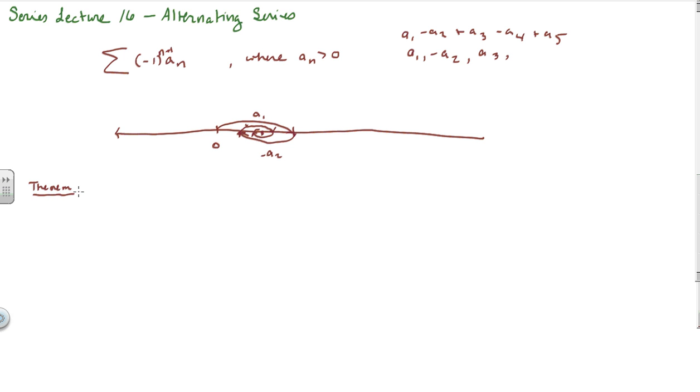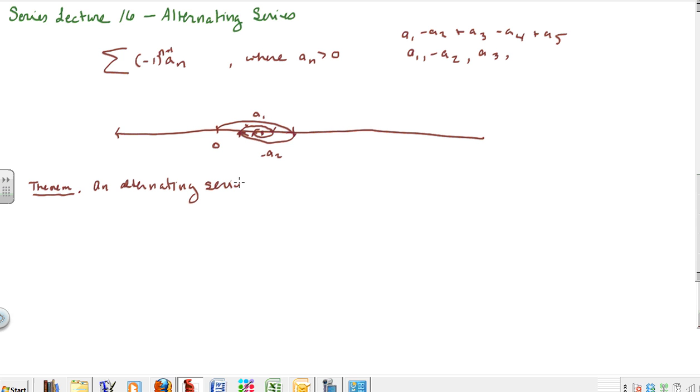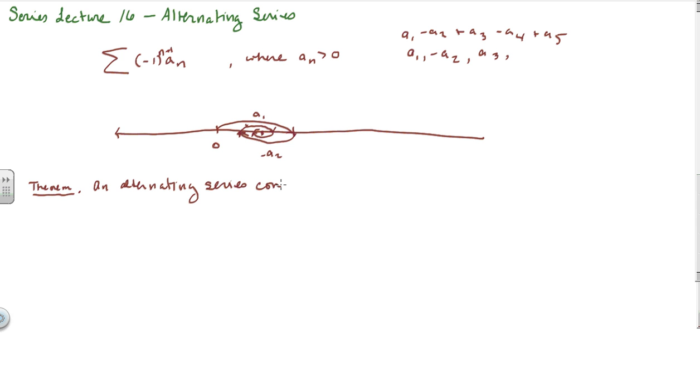If you happen to know your series is an alternating series, it converges if and only if the terms in it go to 0.